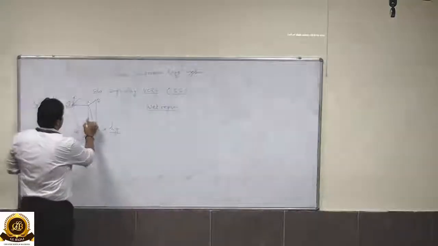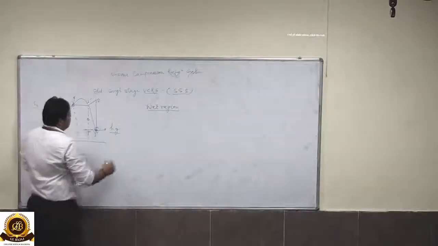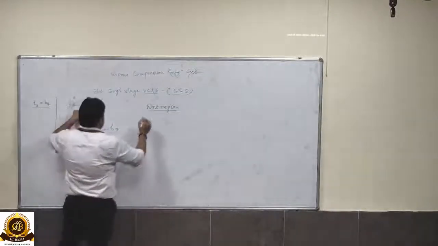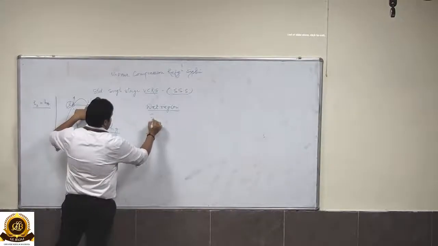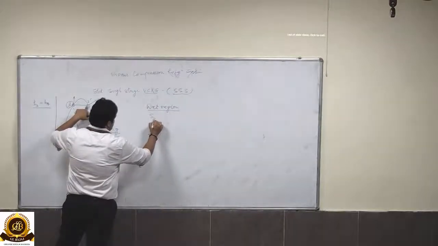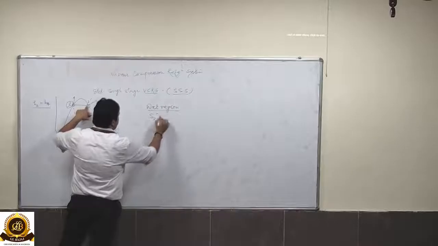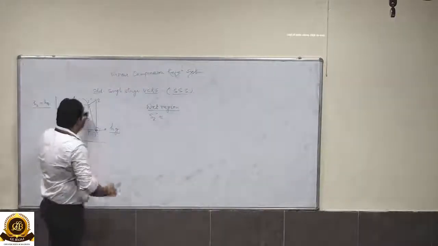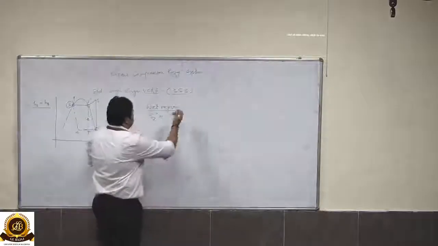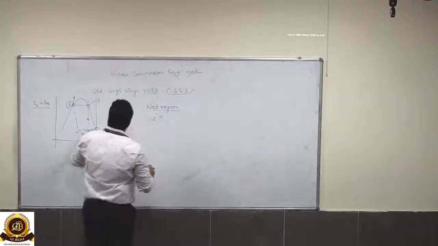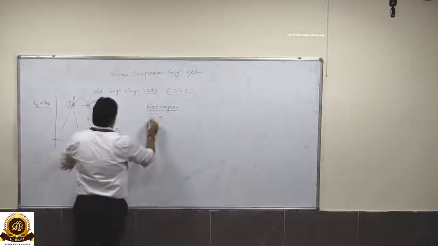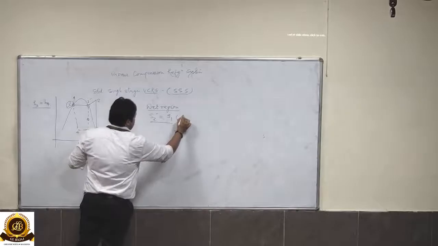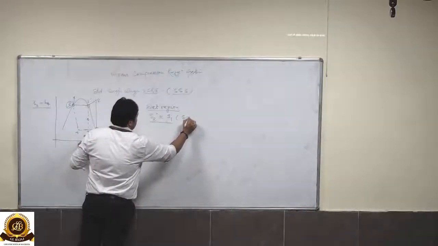Since this is an isentropic compression process, we must know the entropy at point 2, which is 2 dash. It may also happen that we do not know the entropy at this point, and we will have to calculate it using the steam table. S2 dash will be equal to S1, because entropy remains constant.